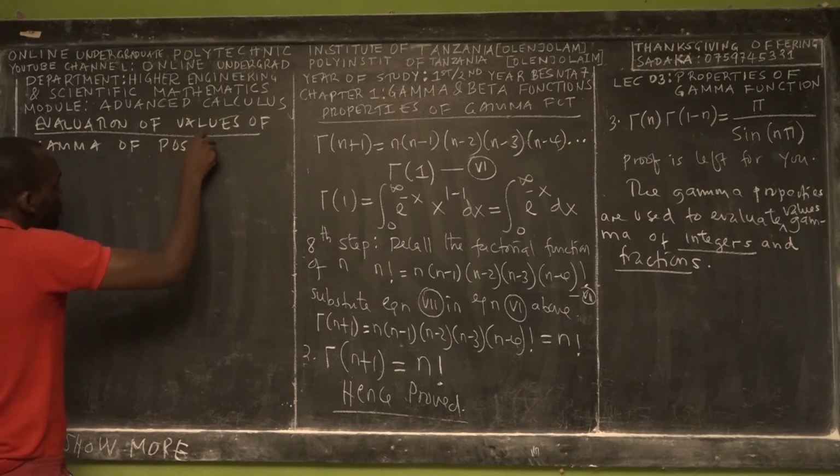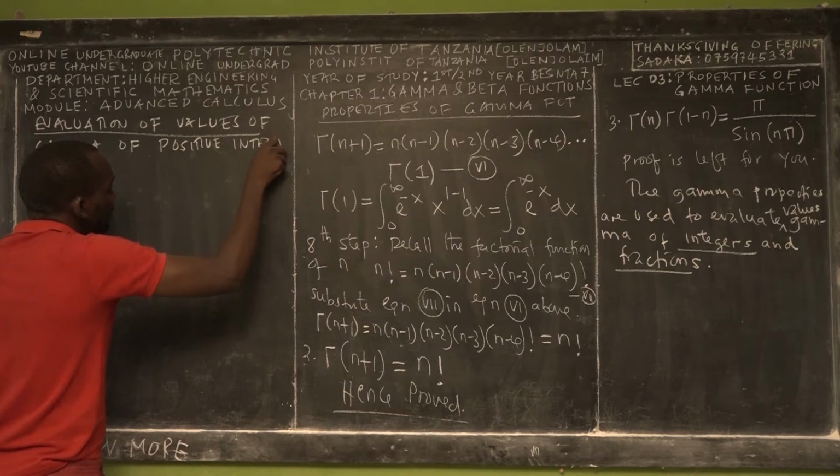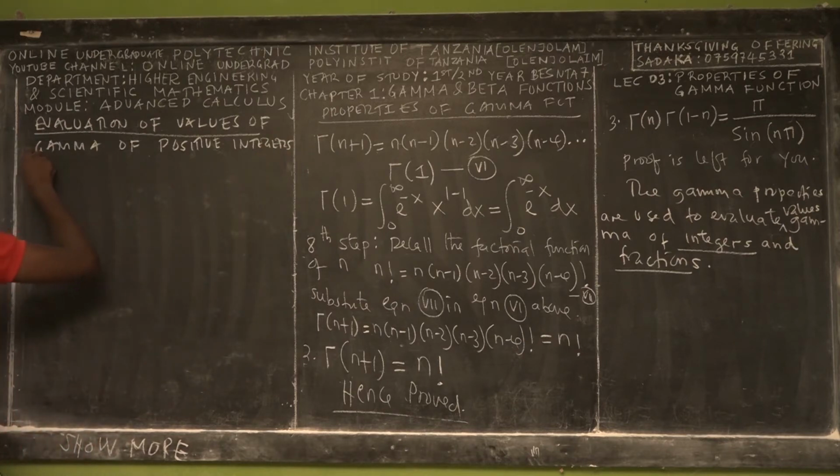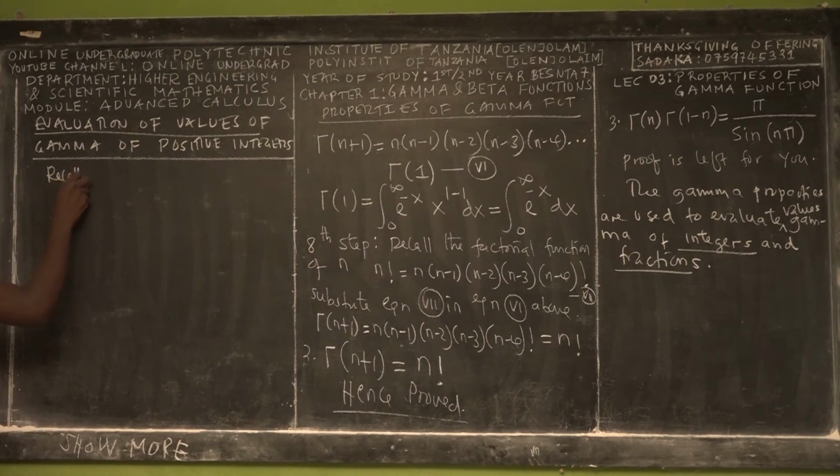So let us begin with positive integers. Whenever we do this, we have to recall the recurrence formula.